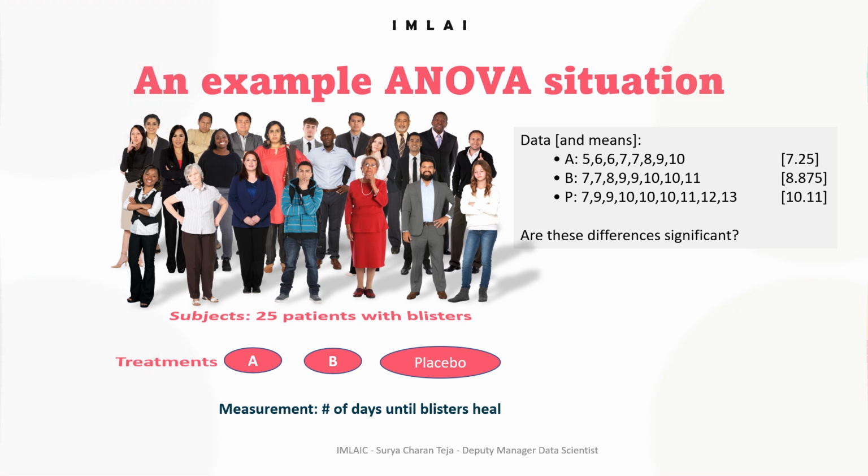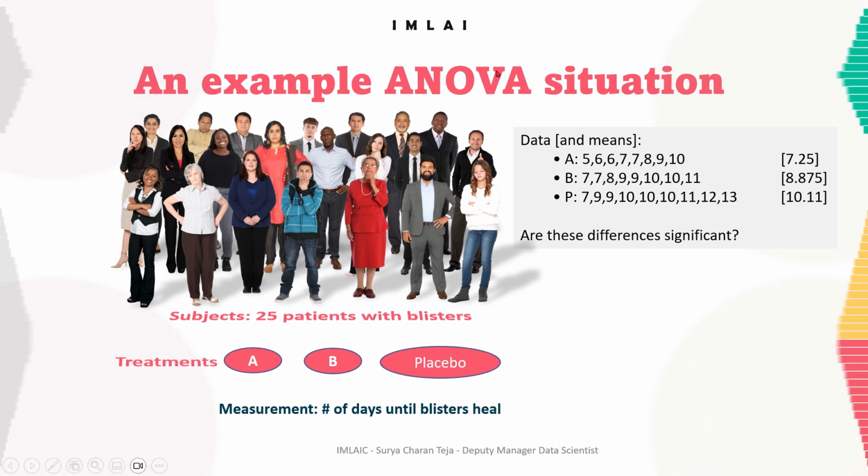The null hypothesis always says these are all the same, whereas the alternate hypothesis says these are not the same. Based on these null and alternate hypotheses, we will move ahead.